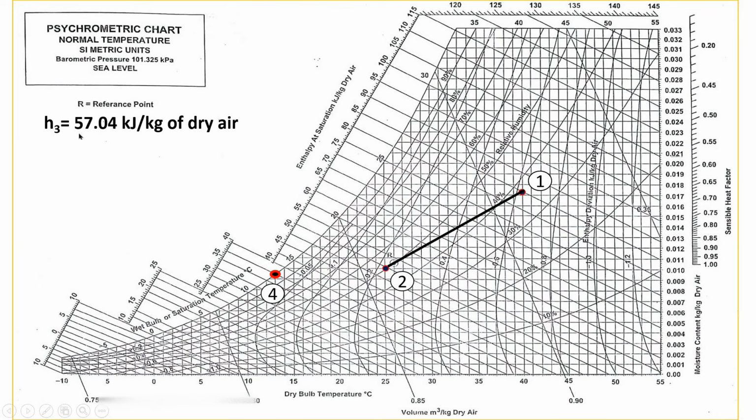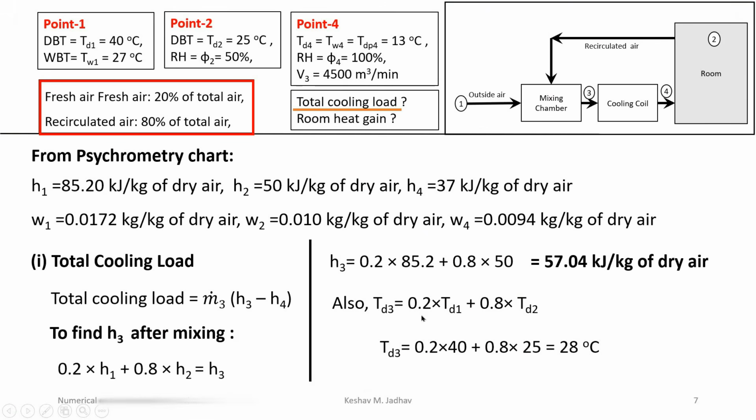So here at point 3 enthalpy is 57.04. On this enthalpy scale, here it is 55, then 56 and 57. So from this we can draw a line along the constant enthalpy line like this, and the intersection point of these two lines will be point 3. Now in the previous slide, by using this formula, we have calculated the temperature at point 3, that is TD3, 28 degrees Celsius.